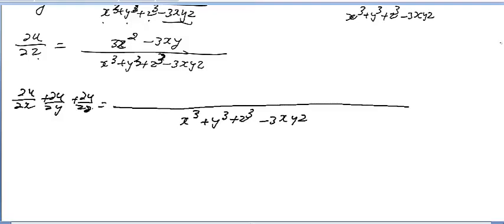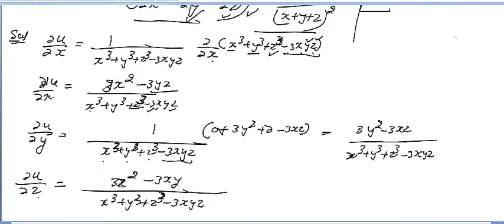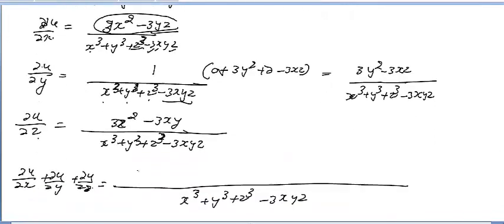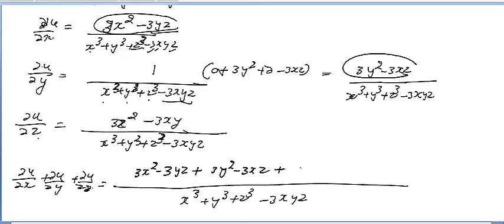The numerator is 3x square minus 3yz plus, now the numerator of this is 3y square minus 3xz, and here is 3z square minus 3xy.